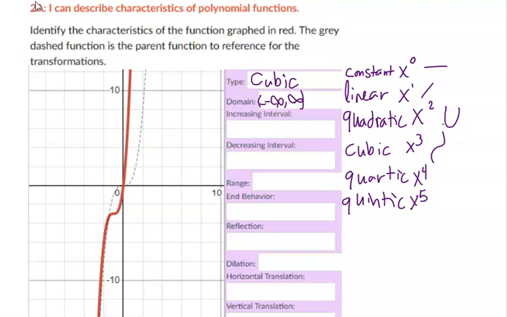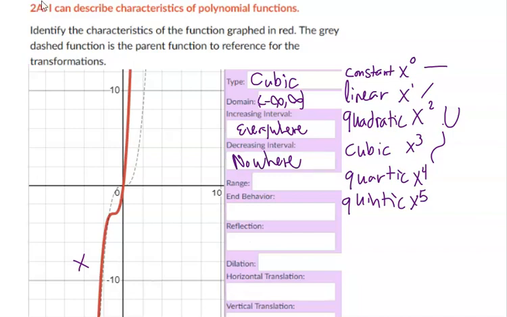The increasing interval: this has a positive slope everywhere, so it's increasing everywhere. And then it's not decreasing at all, so we're going to put nowhere.